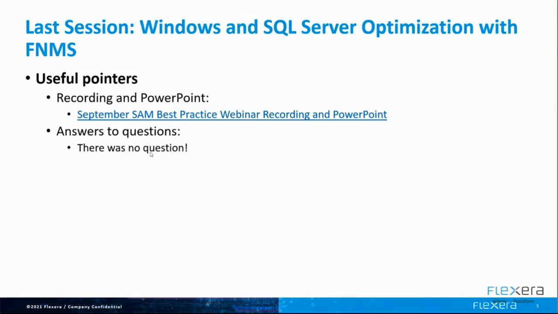But this is something you can use today and implement on your on-prem instance, knowing that I'm currently working on making these reports available in the cloud and in the out-of-the-box version of Flexera One ITAM / FlexNet Manager.